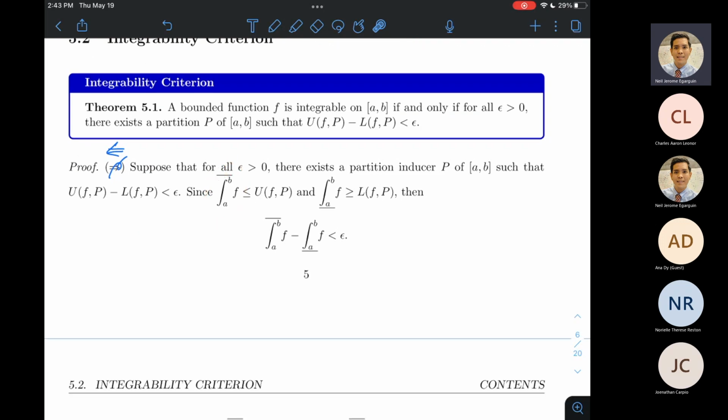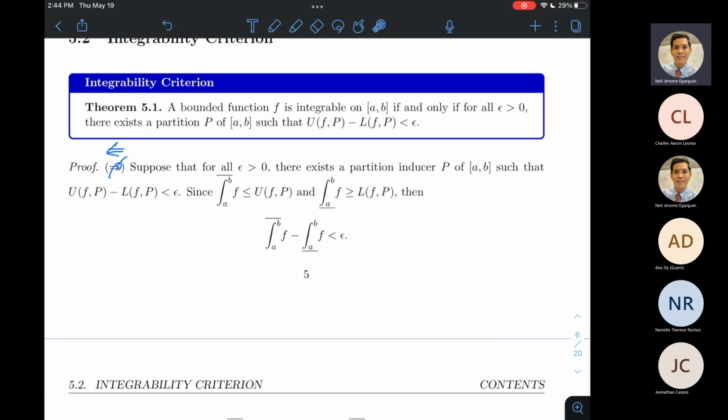The upper Riemann integral is the infimum of the set of all possible upper sums. So, this is the greatest lower bound. Being the greatest lower bound, it is a lower bound in the first place. So it is smaller than any upper sum.